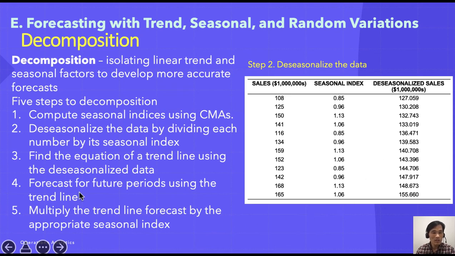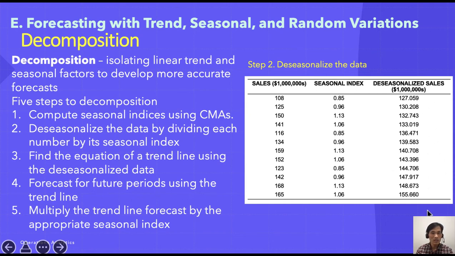In step 3, you have to find the equation of a trend line using the deseasonalized data. So now we are going to use linear regression or Excel to find these values. And then if you find them, then forecast for future periods using the trend line.